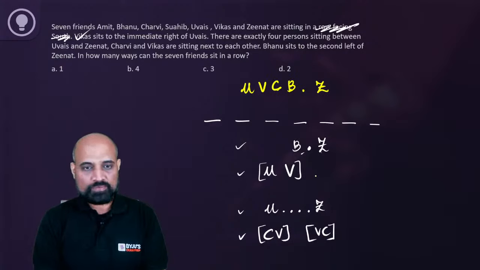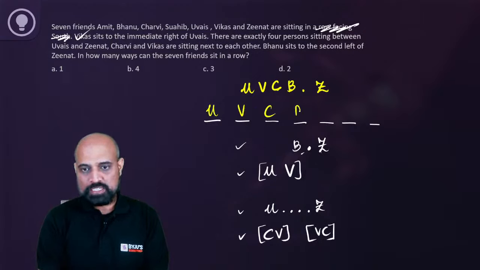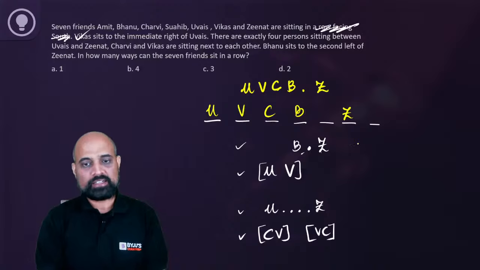And what about A? A is nowhere mentioned, right? Okay. So if U starts from here, we will have U, V, C, B, blank, Z. So there are 2 people missing.